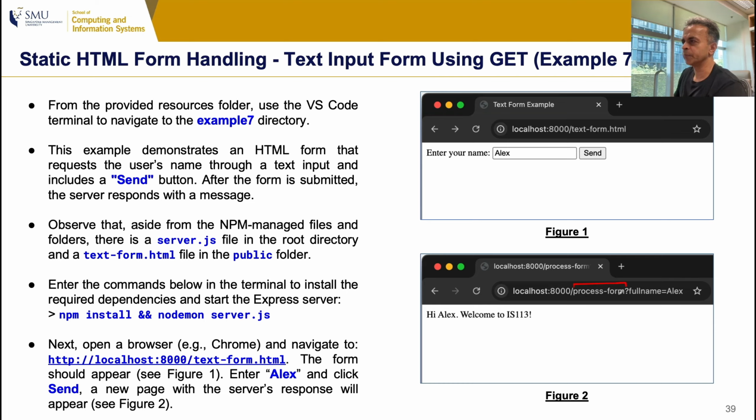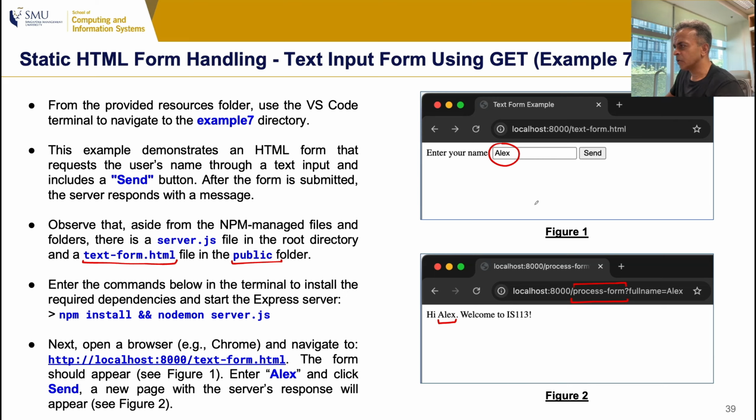So that's what we will do. So we will have a form with a send button, and that form will be a static file called text form coming from the public folder served by express.static. And then we will actually send it to the server to a route, and that guy will handle it and then create the string customized to whatever name that you type in here.